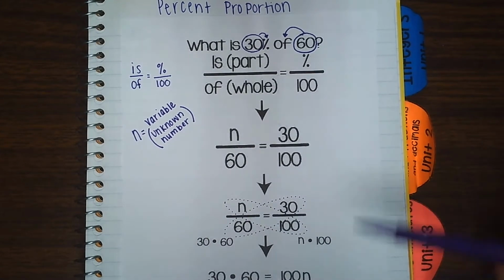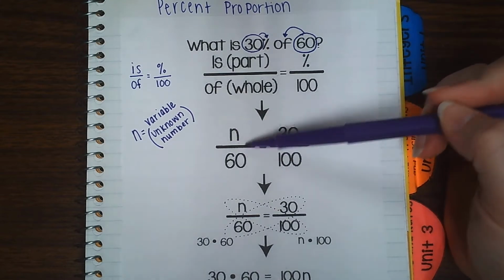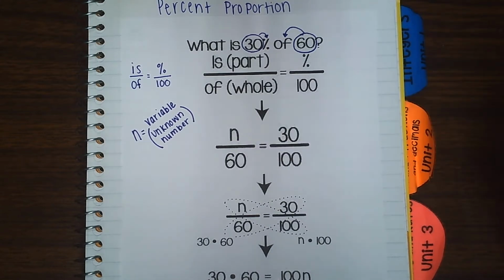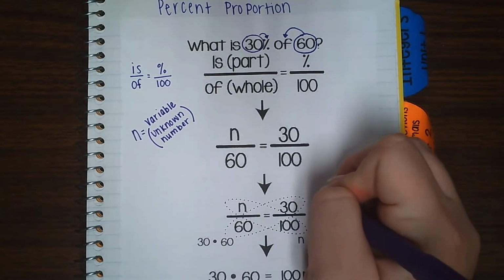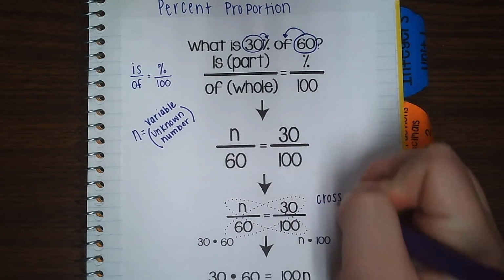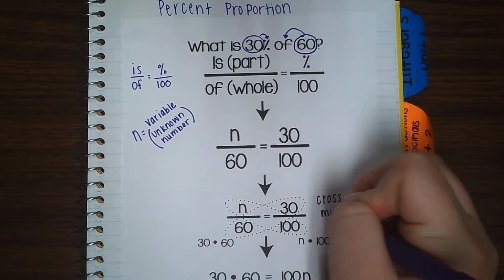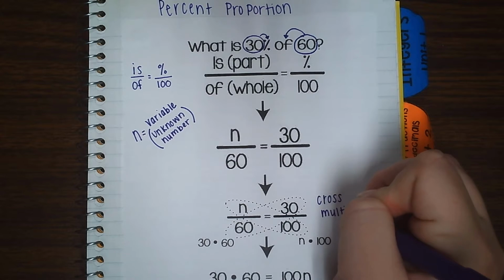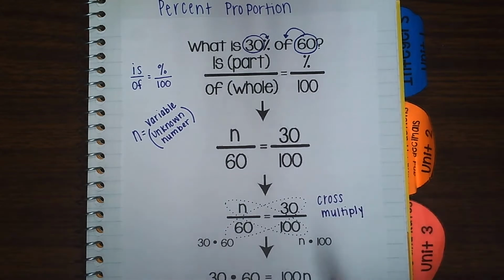Okay, so there's one number that we're looking for, and what we have to do is we have to first cross multiply. So you can see they've put these dotted lines around 30 and 60 and n and 100.